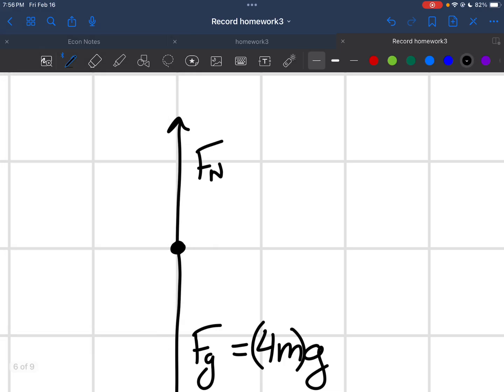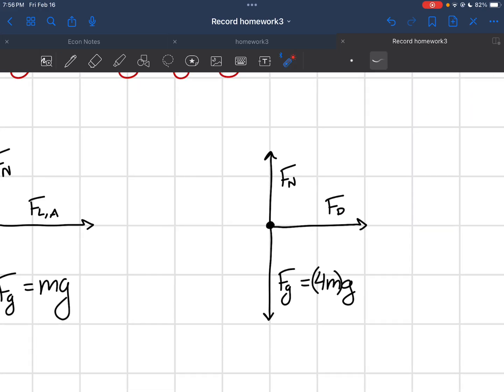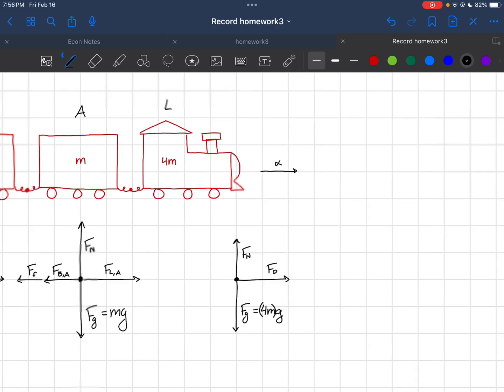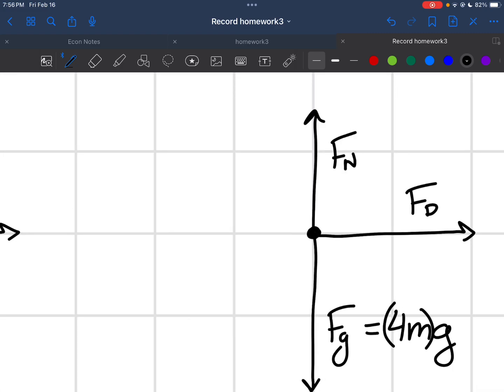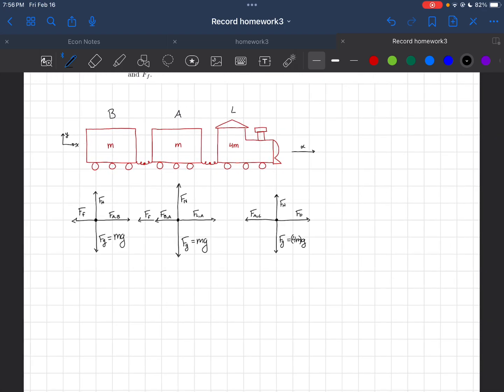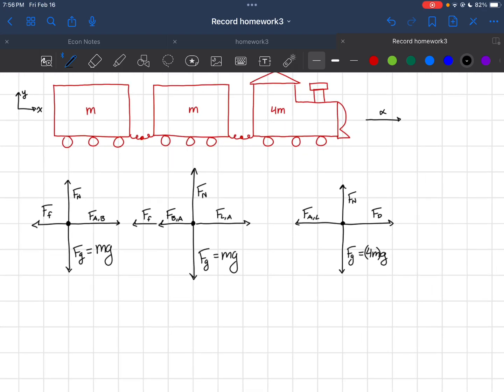I'm trying to figure out the force that's being used to drive the train forward. I'm going to call that force driving, or you can call it traction, whatever we want. And we also have car A pulling back on the locomotive. And that is all of our force diagrams.